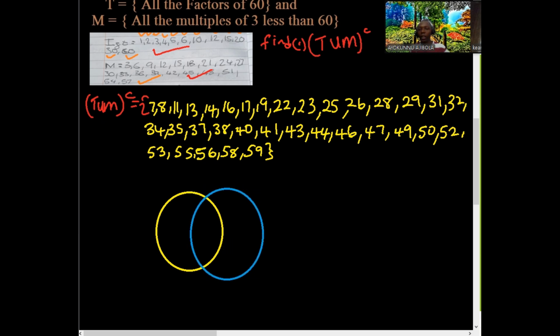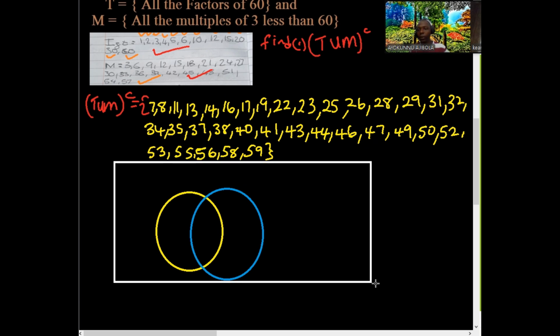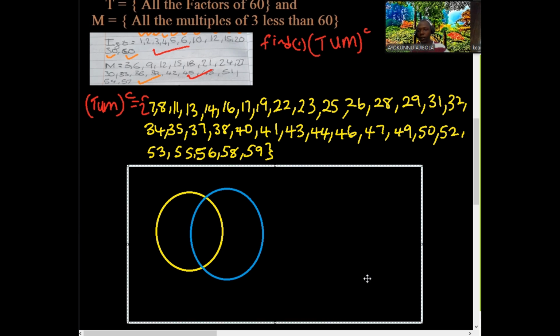Then we need a large rectangle that will contain all of this, something like this, okay? Now, you're given the first one, t, which is factors of 60, and the other one is multiples of 3.